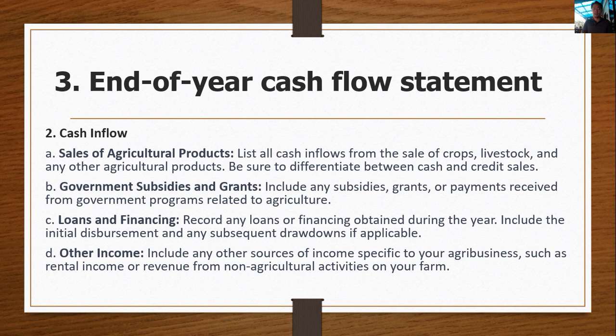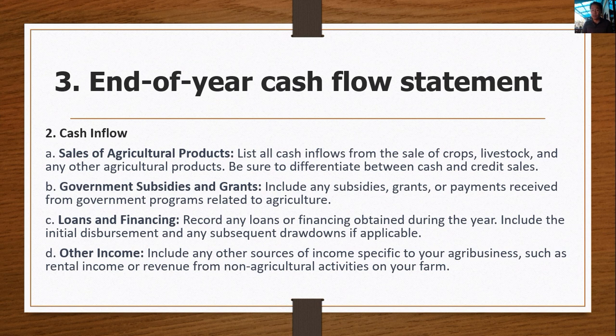Next, class, is government subsidies and grants in your cash inflow. You need to list down all of your grants or payments that you have received from government programs related to agriculture. Next is loans and financing.